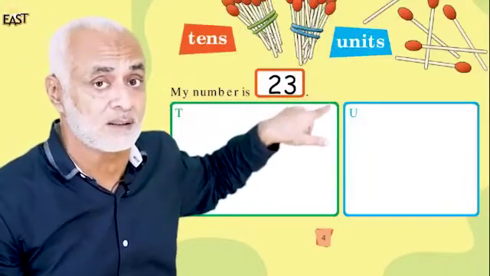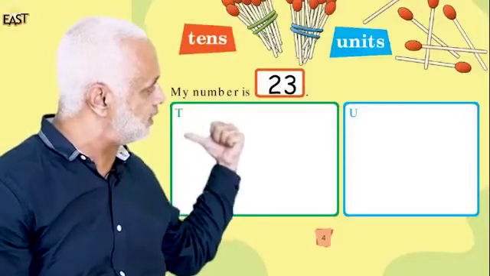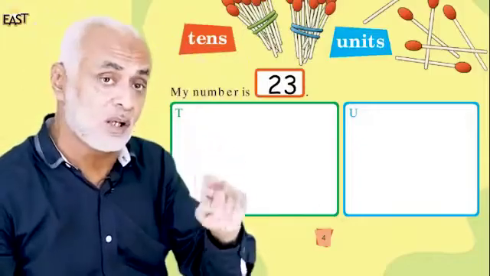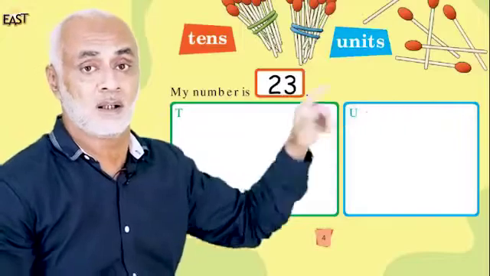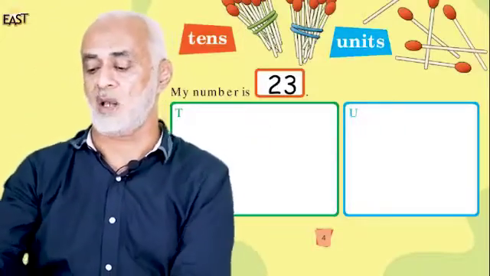So how many tens? 2 tens. So write 2 here on this side. And how many units? 3. So write 3 on that side. Got it? This is the activity you need to do today.